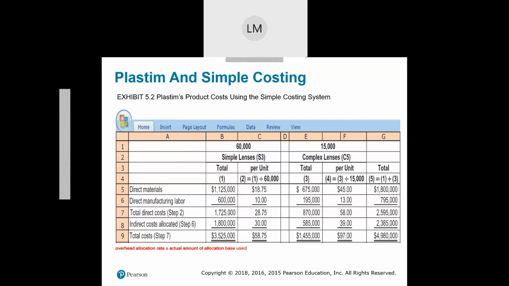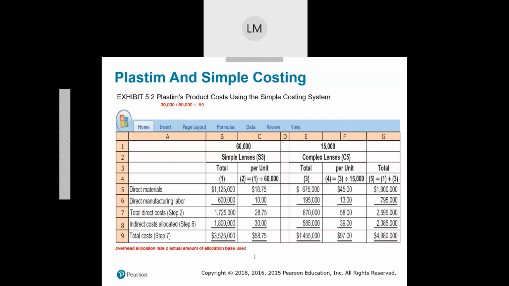Well, if I'm using 30,000 direct labor hours to make 60,000 units, how many labor hours am I using per unit? Well, I'm using 0.50, or half an hour.